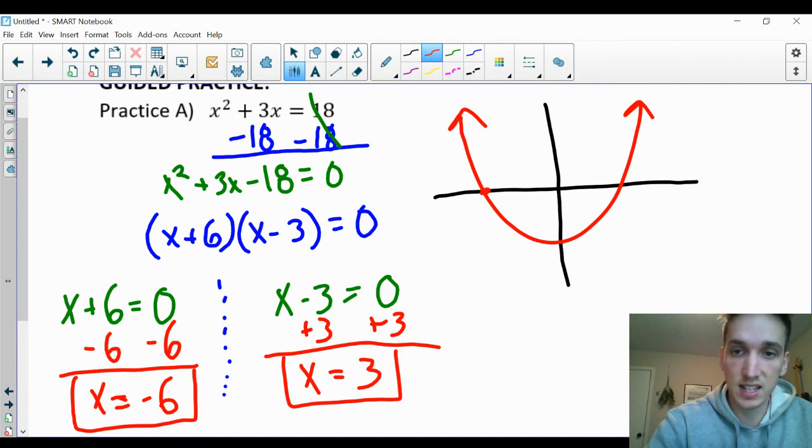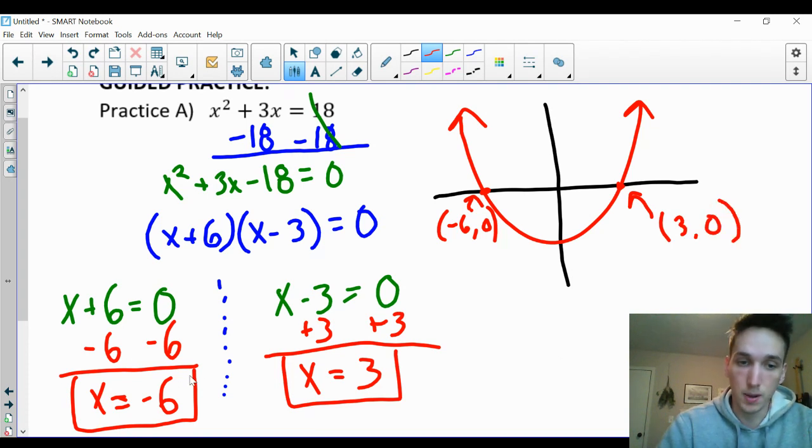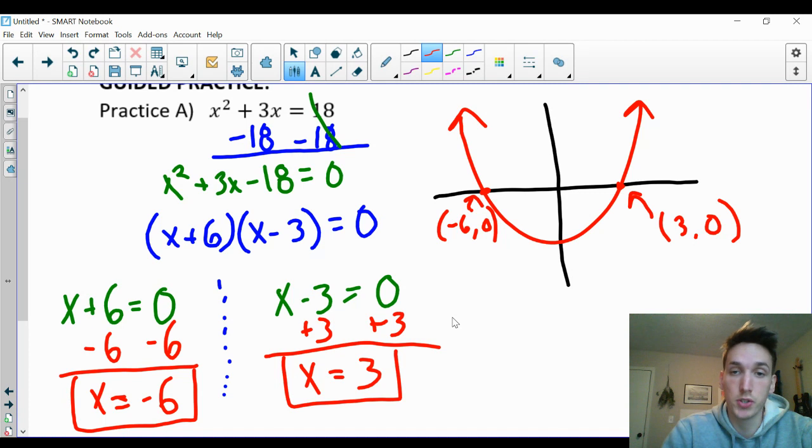I know this x-intercept is going to be negative 6, 0. I know this x-intercept is going to be 3, 0, because that's what I solved for here. So this is a big step forward for us in solving quadratics.